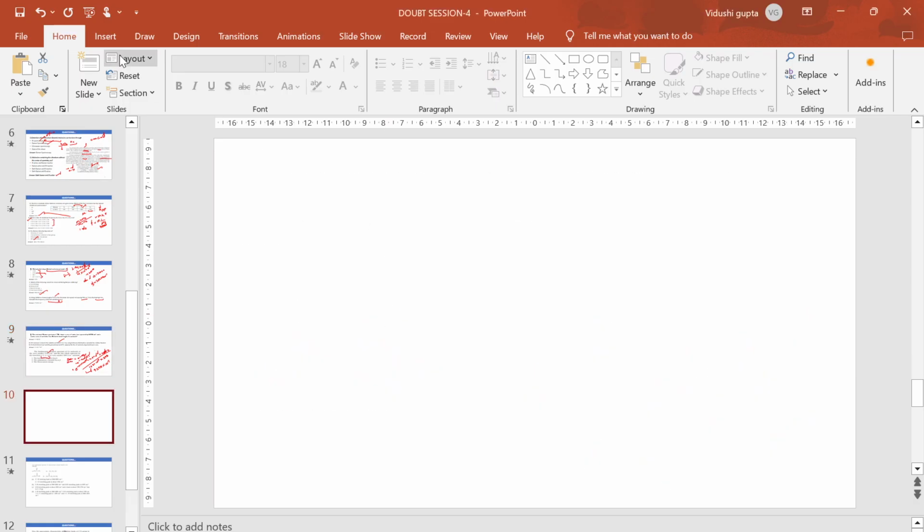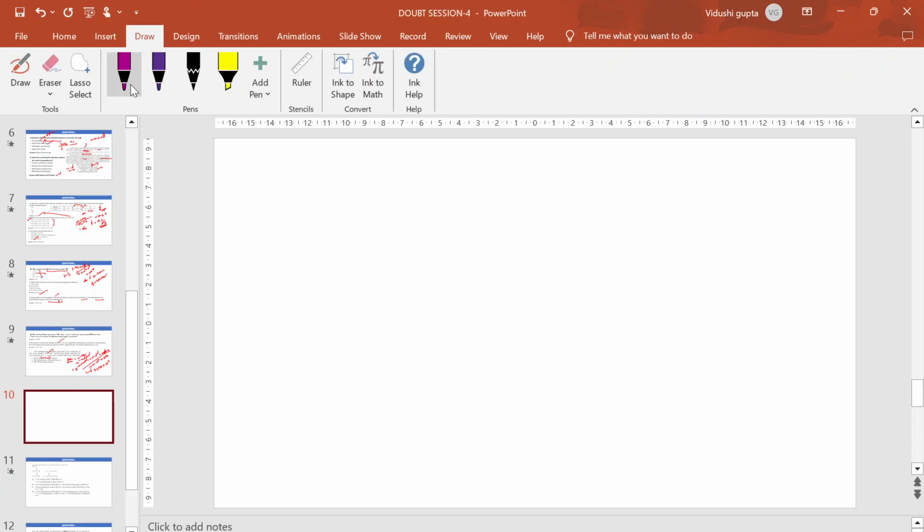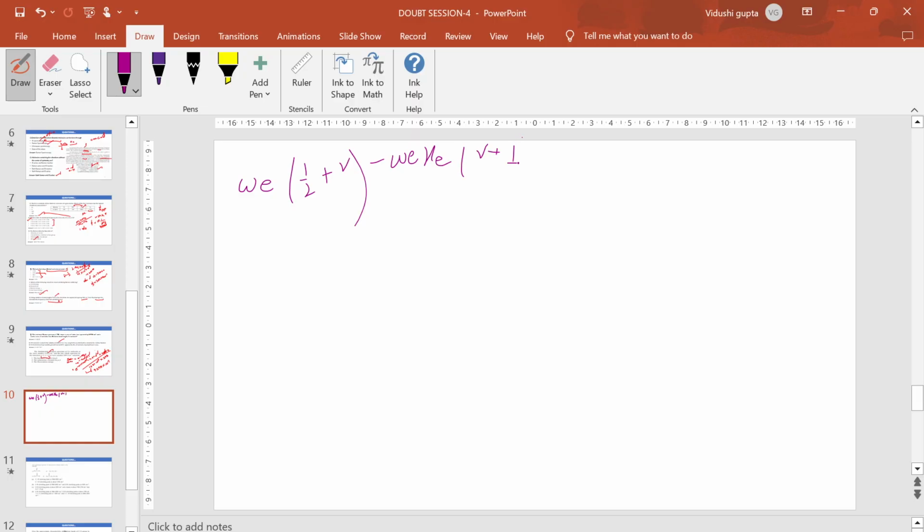So it will be omega E plus V minus omega E XE, V plus 1 by 2 whole square.